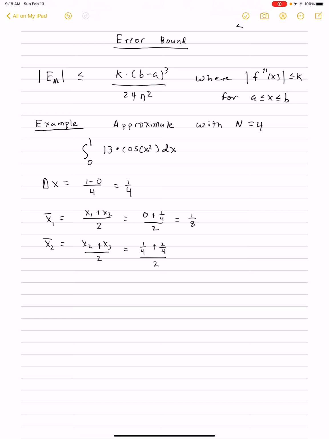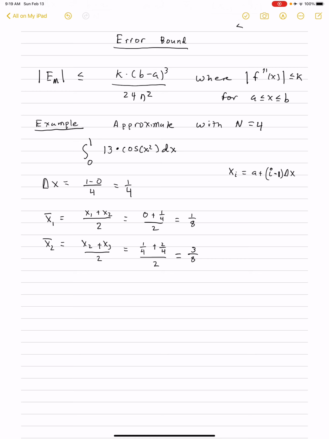I should perhaps just write out that x sub i is a plus i times delta x. Okay, so that's how we calculate x sub i. And I believe to make my formula work, I should do an i minus 1 times it. Okay, yeah. This will give me 3/4, and then divided by 2 will give me 3/8. Great.